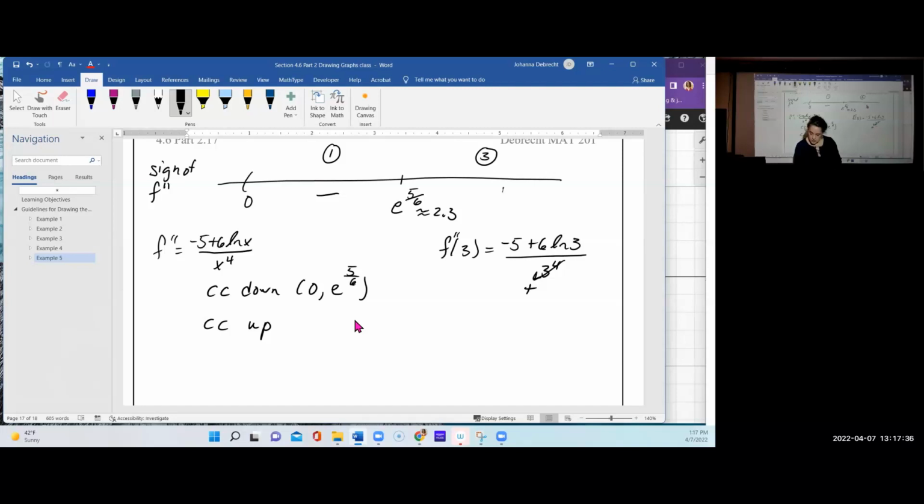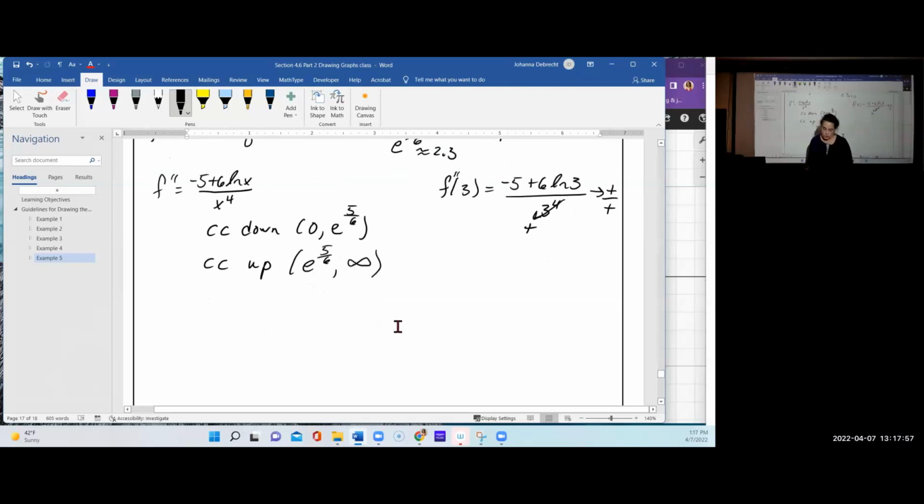So this is going to be a positive value. All right, which tells us it's concave up from e to the 5/6 power to infinity, that part of the domain. That means we do have a change in concavity at e to the 5/6.